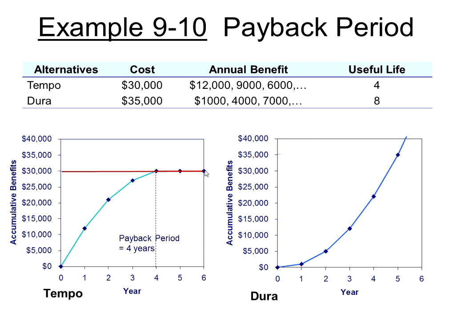And then for Dura, the payback period is at 5, but it continued to accumulate benefits. And so this illustrates that even though Dura has a longer payback period, you can see that we continue to accumulate higher benefits.